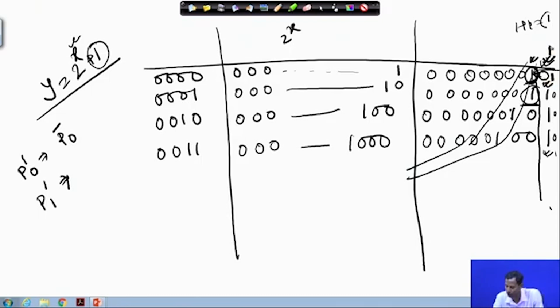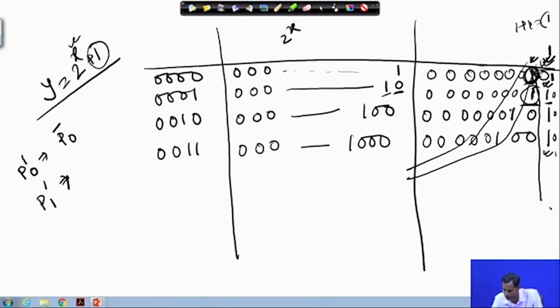Initially this position was 1, right, and in the modified case, because of the addition of 1, now it becomes 1. Initially for 2 to the power x this was 0 and this was 1, but here, as this is 1, it is 1 only.